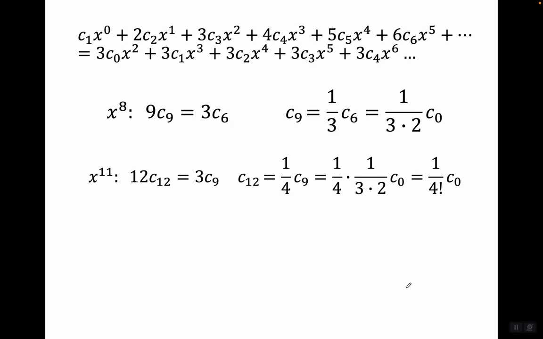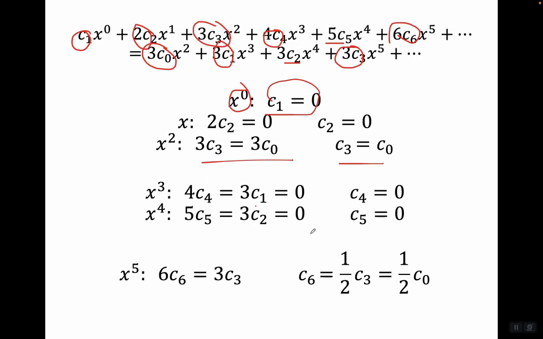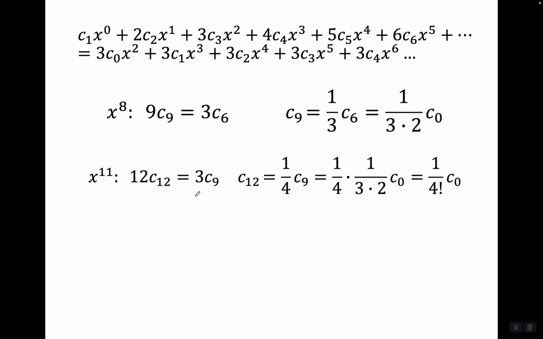You'll find that the coefficients of x to the 6th and x to the 7th are 0. And so the coefficient of x to the 8th, that's the next one that's not 0, gives us 9c9 equals 3c6. If you divide both sides by 9, you end up with c9 equals a third c6. Let's express everything in terms of c0 rather than having c3s and c6s and c9s running around.